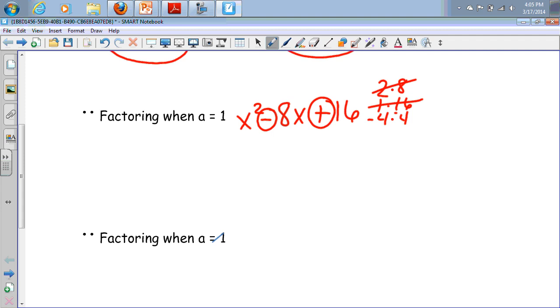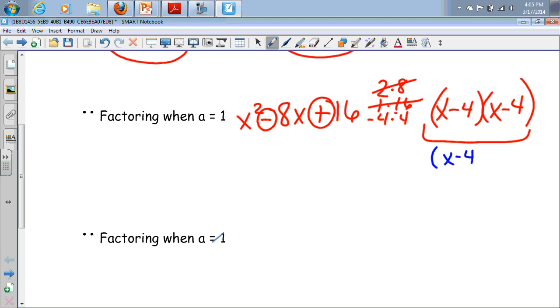That means both of these need to be negative. So that means I have x minus 4 times x minus 4. Okay? But isn't this the same thing? Yes. So I can write it, the quantity x minus 4 squared. Okay? Let's do a couple of others.